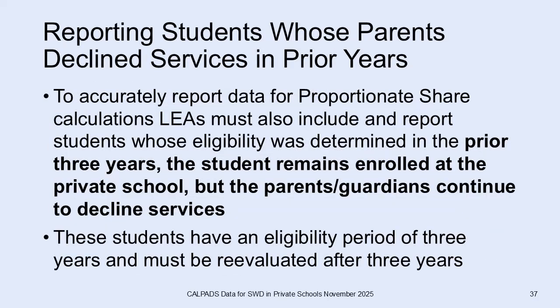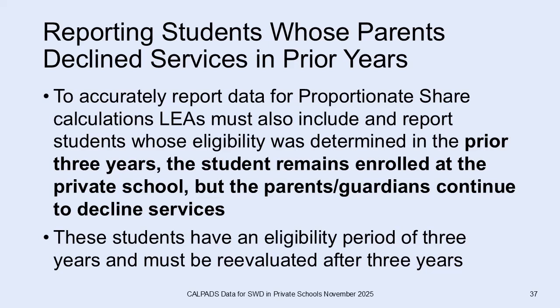Why are we making you go back and identify students with disabilities that were in private schools in those prior years, where they remain in the private school and the parent continues to decline? Bottom line, it was a result of some litigation brought by the Catholic Diocese, alleging that the department and LEAs were underreporting their proportionate share counts.